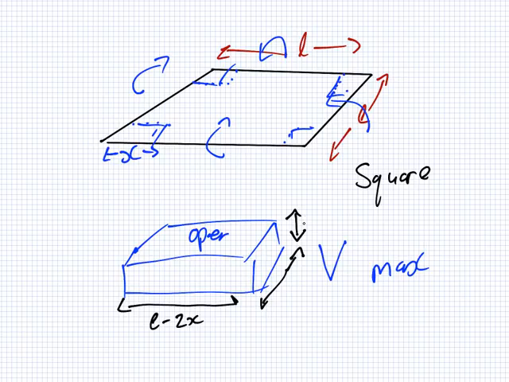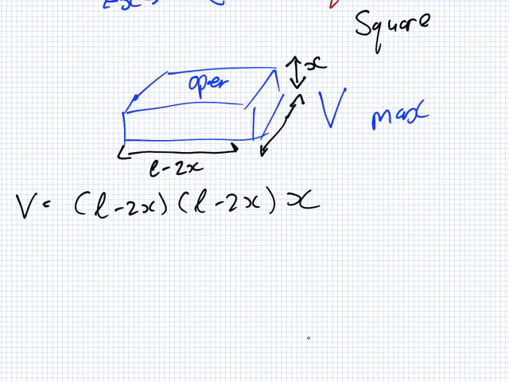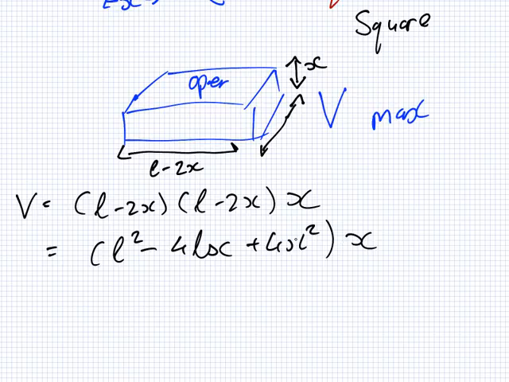So the volume is (L minus 2x) times (L minus 2x) times x, which will be L squared minus 4Lx plus 4x squared, times x, which will be L squared x minus 4Lx squared plus 4x cubed.